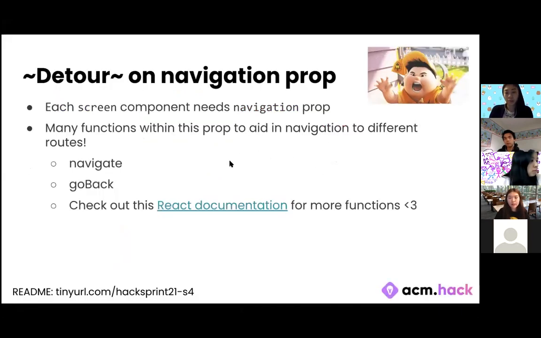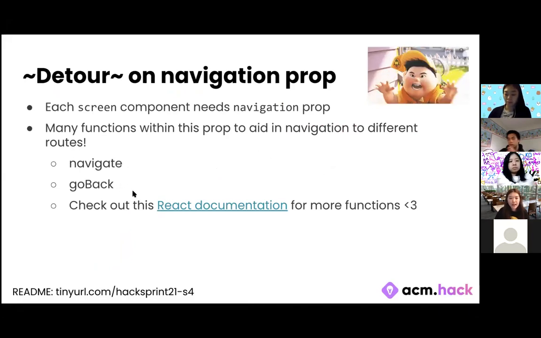I'm going to take a quick detour on our adventure and talk about this navigation prop. Each screen component needs a navigation prop. There are many functions within this prop that can aid in navigation to different routes. For example, there was the function navigate, and there's also the function goBack.